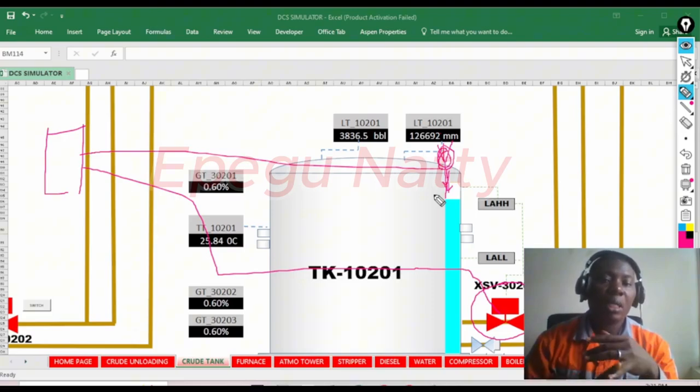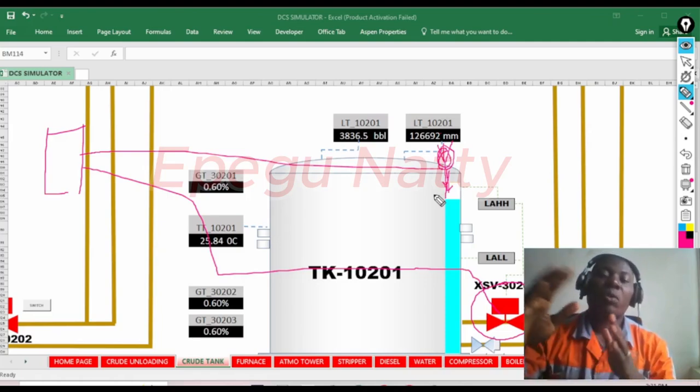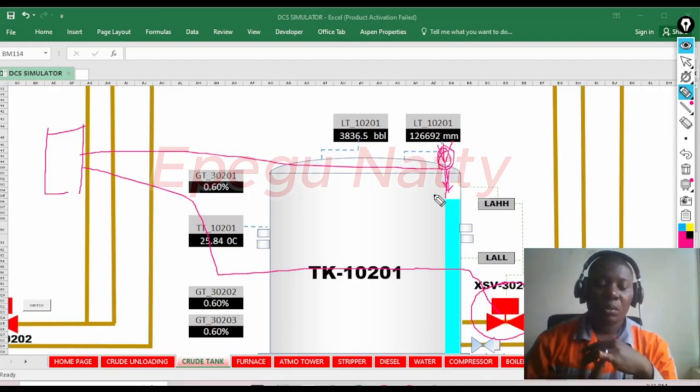The first one is it must be independent. Like I mentioned, there are different layers of protection, and this particular layer should be independent of the other layers. That's one. Secondly, it must be SIL-rated. I mentioned four levels of SIL: level 1, level 2, level 3, and level 4.